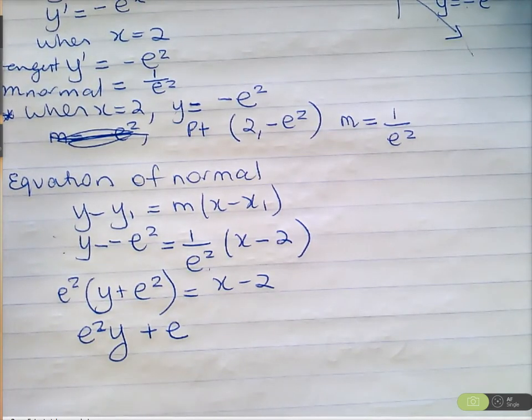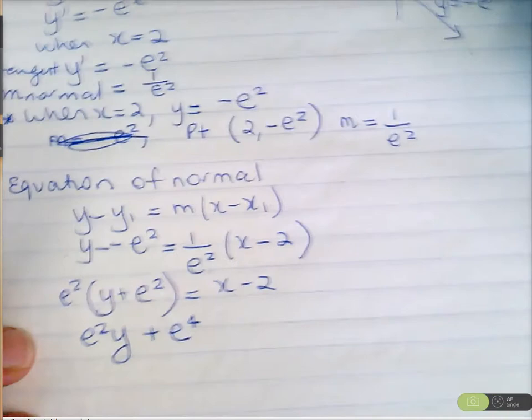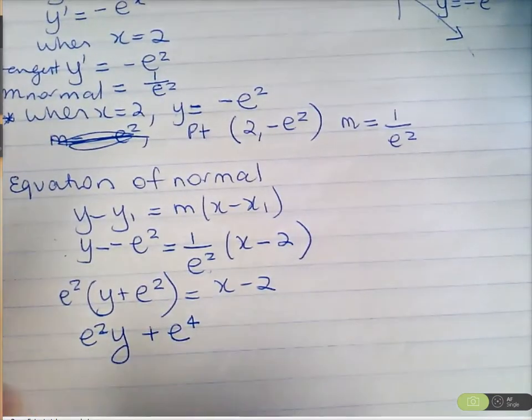It's got no x in it. Yeah, because it's 2.7 squared. It doesn't matter, but e is just a number, but e to the x is a function. So if you've got e squared x, I'd write it like that. But if you've got e to the x times x, I'd write it x e to the x. Simpler function first, more complicated one next. e to the 4. Yes, e squared times e squared is e to the 4.